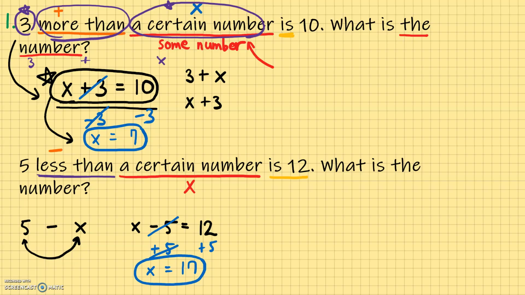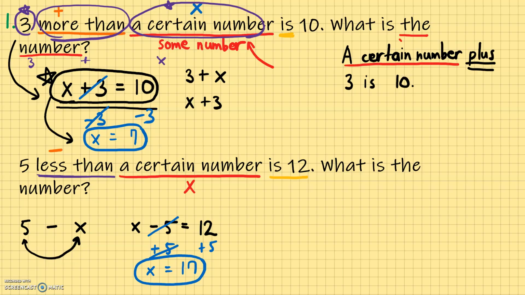Now notice if our problem said a certain number plus 3 is 10, what is the number? Then because this is not more than, you don't need to switch the number and the letter. The certain number here means x. So you can just do x plus 3 equals 10 without switching the order. You only switch the order when you see more than or less than.